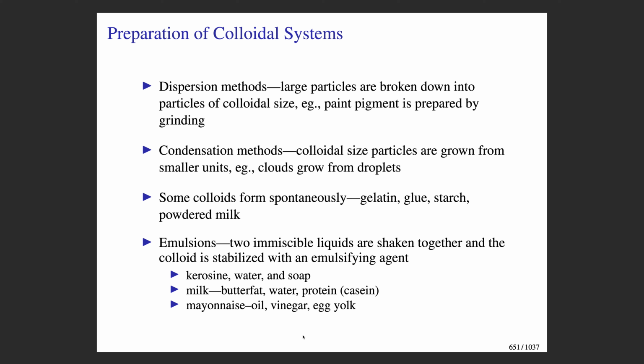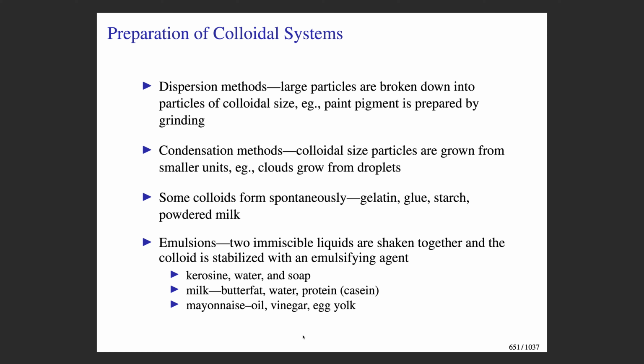And then the emulsion method for preparing liquid colloids: two immiscible liquids are shaken together, and then the dispersion is stabilized by using what's called an emulsifying agent. So an agent that allows the two otherwise immiscible liquids to mix together.